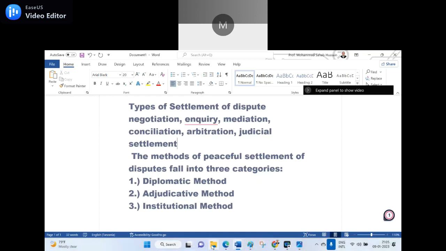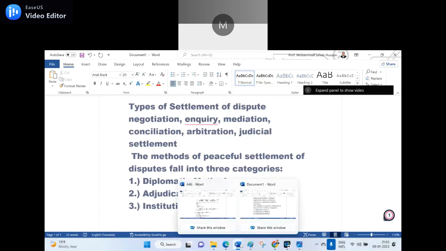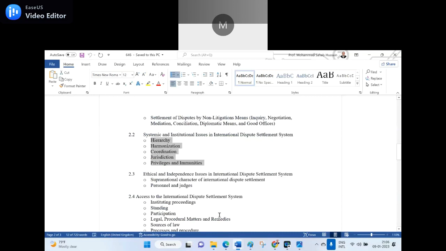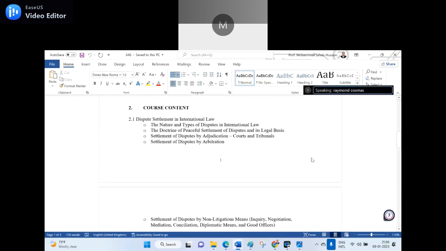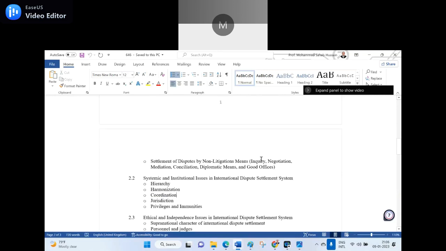If you happen to see our syllabus, I will show you the syllabus. This we covered already. Dispute settlement in international law, the nature and types of disputes in international law, we covered. The doctrine of peaceful settlement of disputes and legal basis, dispute settlement with adjudication, courts and tribunals, adjudication by the tribunals, and settlement of disputes with arbitration also.